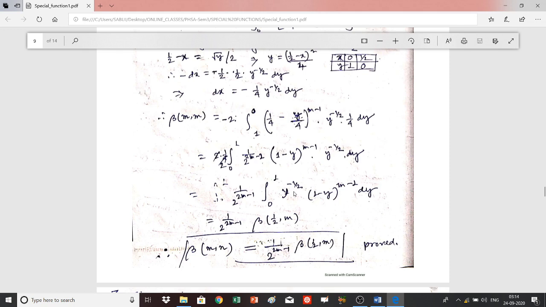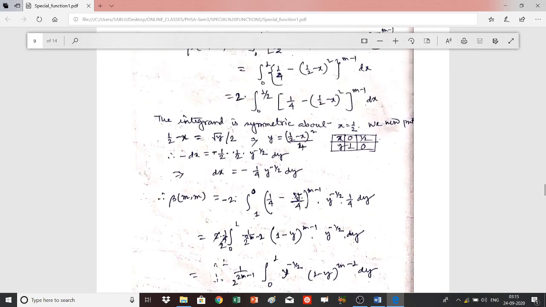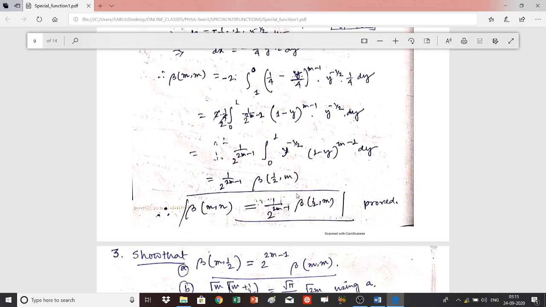If you compare this with the definition of the Beta function, 0 to 1 y to the m minus 1, then 1 minus y to the power n minus 1, and since if you interchange m and n, that will not affect the result, it also can be written as y to the power n minus 1, then 1 minus y to the power n minus 1 dy.